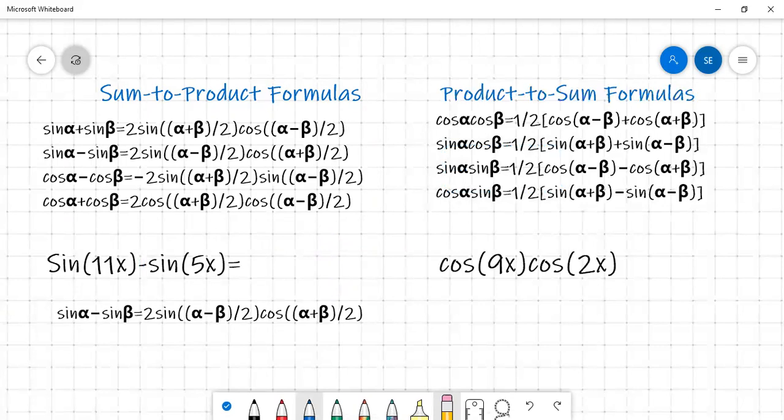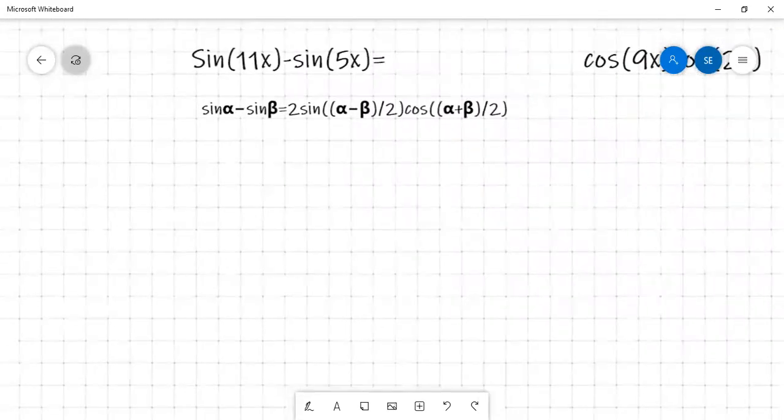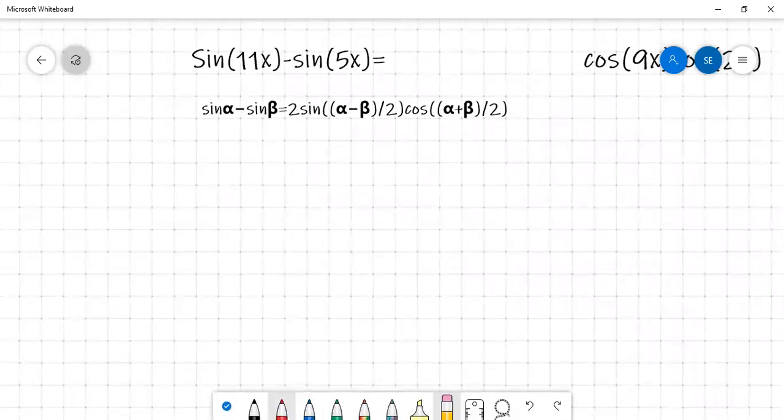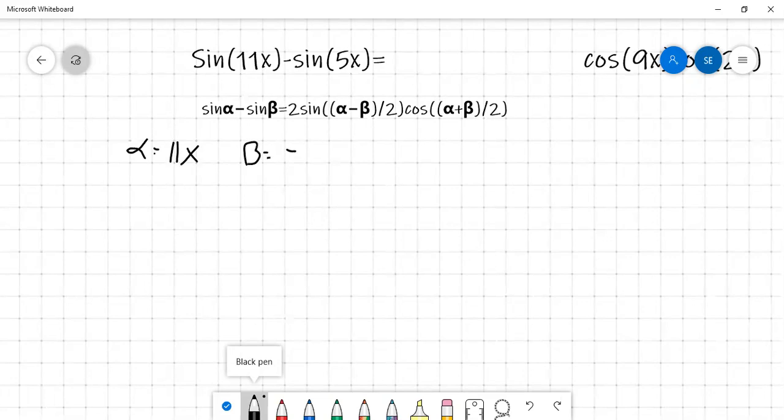Now that we have what we need, when you first start using these, it's sometimes helpful to say what alpha and beta are. So here our alpha is equal to 11x, and our beta is equal to 5x.